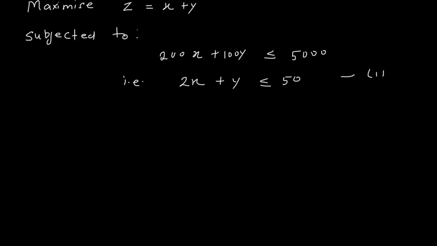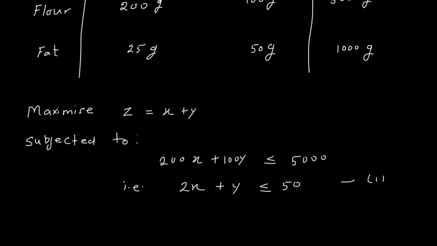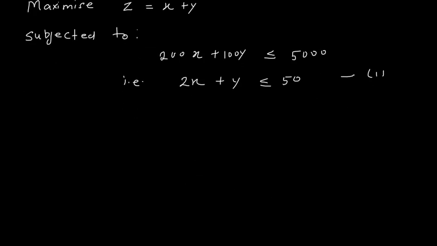Now in the same way for fat we have 25 gram and 50 gram. So also I will say that 25x plus 50y should be less than or equal to 1000. Now I divide by 25, so that is x plus 2y is less than or equal to 40.